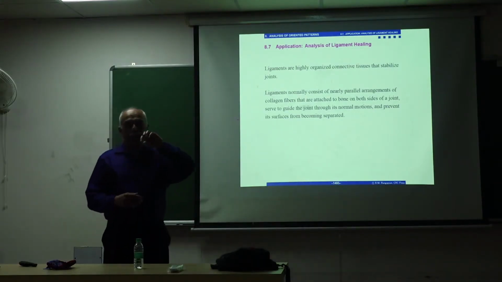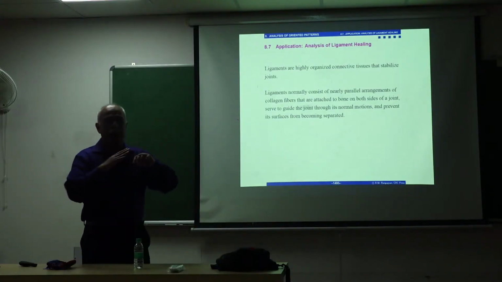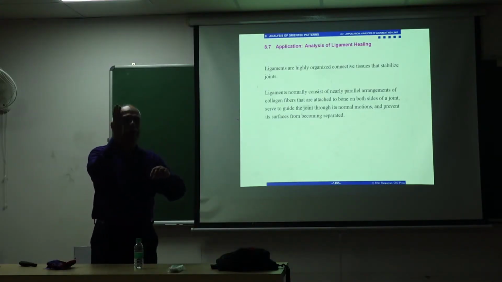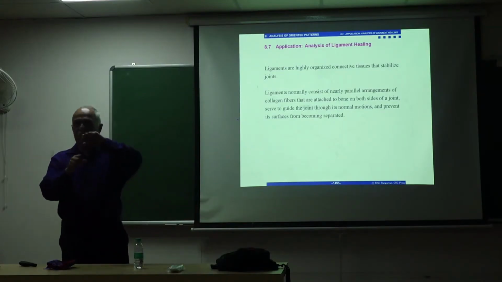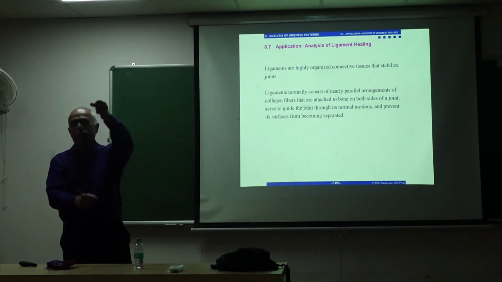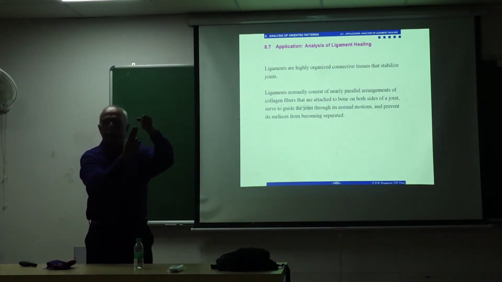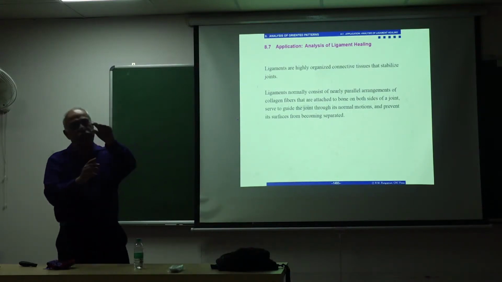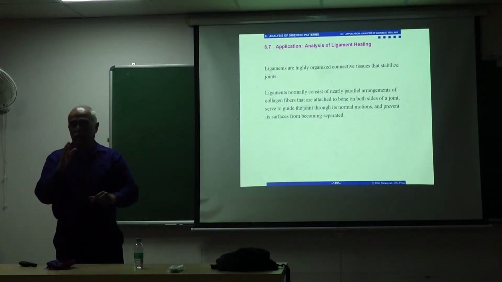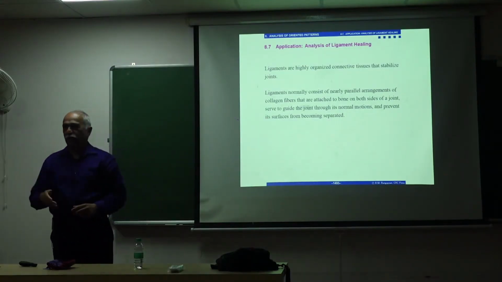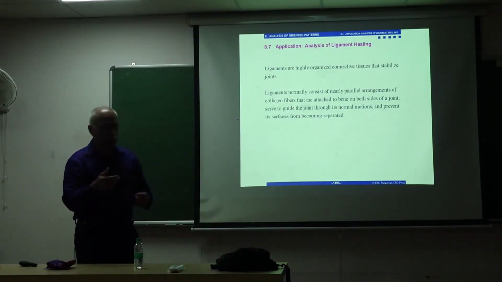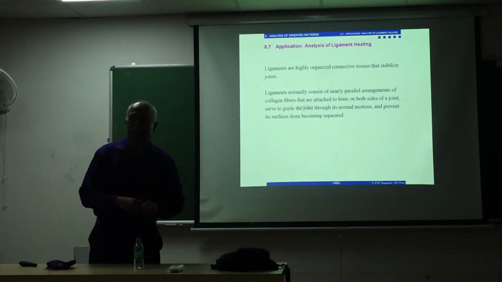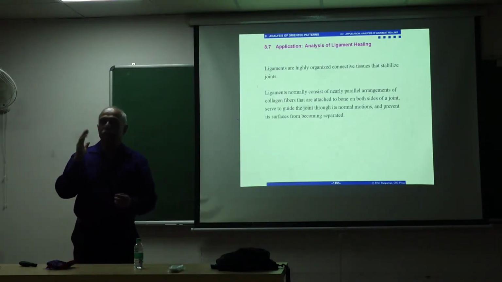Now, nearly parallel, but there is a wavy nature to that, like the strands of a rope. A rope doesn't have all strands straight. It is twisted, they are intertwined. But if you take a small section, the strands of a rope, whichever material it is made of, will have straight lines.